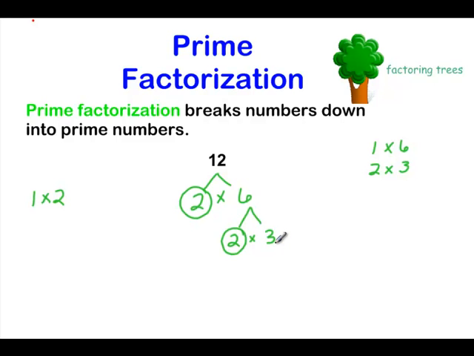If you said prime, you are correct. The only factors multiplied together that equal 3 are 1 and 3 itself. So I'm going to circle the 3 also. Now you can see that we are done. We don't have any more composite numbers. The numbers we have left are just prime.